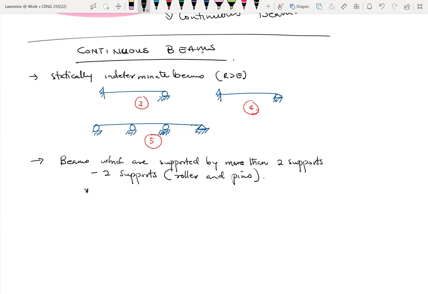There's also an asterisk to this. It can be more than one support. So this is more than two supports, and then you can also have a case of more than one support. For more than one support, at least one of the supports must be a fixed support.